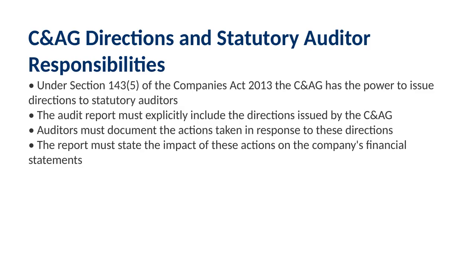Specifically, the C&AG can issue directions to the statutory auditors on exactly how the accounts should be audited. As an auditor, you are just reporting on the financial statements. Your audit report must specifically include these directions from the C&AG, the actions you took based on those directions, and how those actions impacted the company's financial statements.